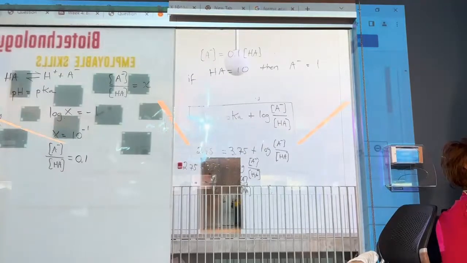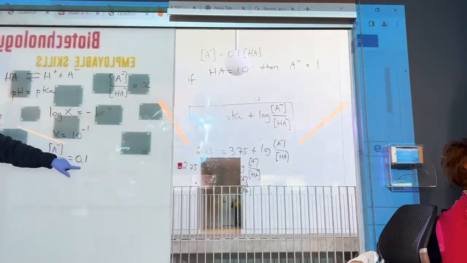So at a pH of 3.75, not 2.75, a pH of 3.75, this would equal 1. If I rewrite the problem, erase from your mind the 2.75.